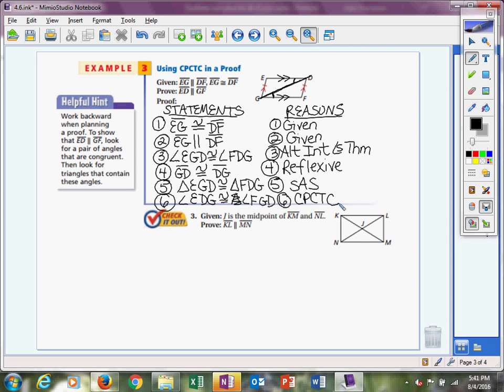And because we were able to prove that those angles are congruent, then our very last statement, we can now say that segment ED must be parallel to GF because of the converse of the alternate interior angles theorem. Remember what that said.